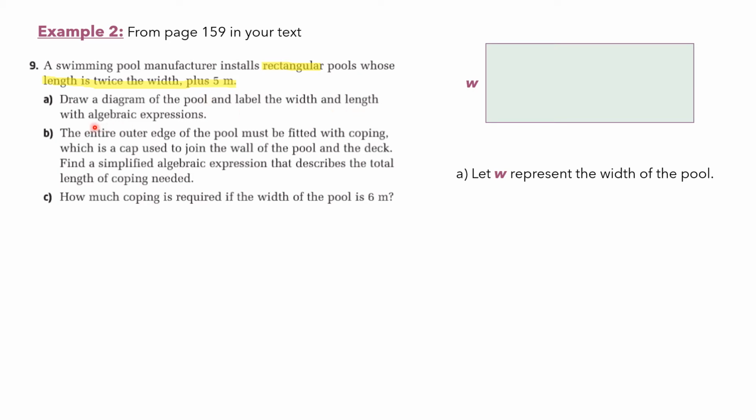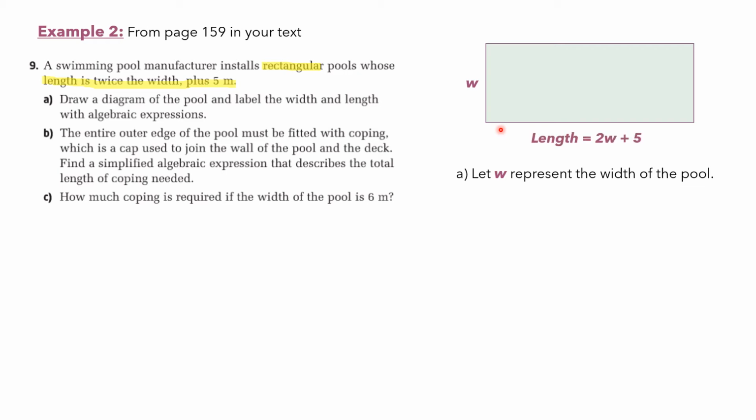Now what about the length? So I don't want to use another letter here. If I just use L for length, then I'm not taking into account this piece of information here. The length is twice the width plus 5. So over here, the length is twice the width plus 5 looks like this.